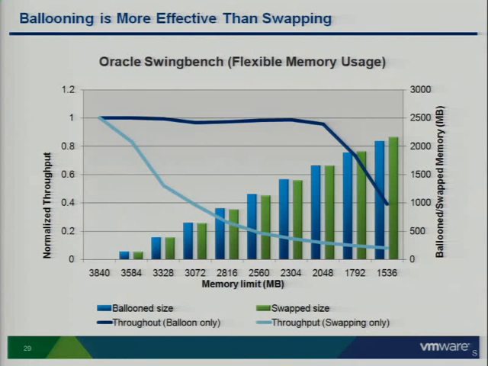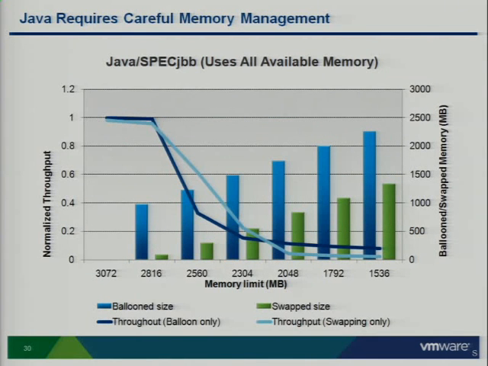Now, let me show you the final bit. This is Java. Java, look at that. Java is very interesting. Both the balloon driver and the host swap kill memory performance. Now, remember how I said that the balloon driver is so good in most cases because it's inflating through the assistance of the guest operating system, and the guest operating system is making smart decisions about memory management.